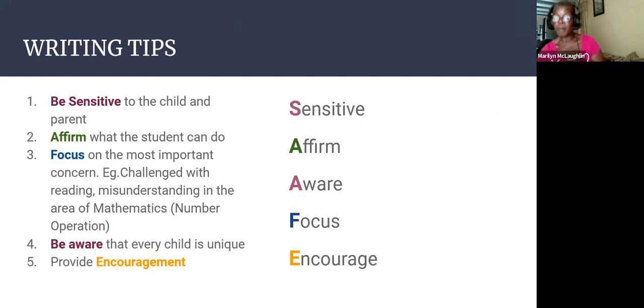I focus on the most important concern that I have. For example, if a child is struggling with reading, I emphasize that and I point out to the parents where that has been a challenge for the child over a period of time or since the child has come into my class, or if I have investigated, spoken to teachers who have taught that child ahead of me, I can find out that that has been a long-standing problem with the child.